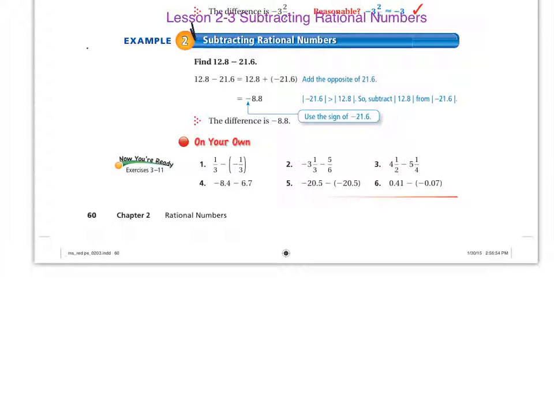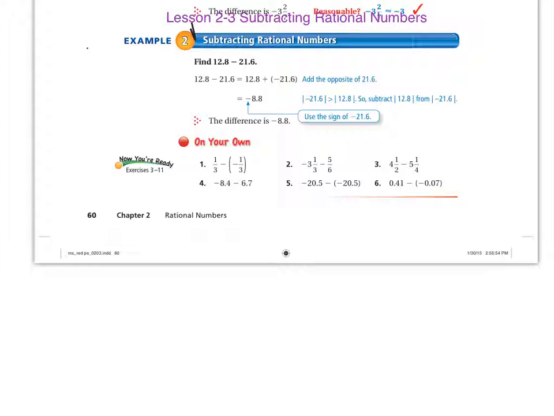Number 1 is 1/3 minus a negative 1/3. Okay? So first step, additive inverse property, add the opposite. So 1/3 plus the opposite of a negative 1/3, which is a positive 1/3. Second step, you need to find a common denominator.